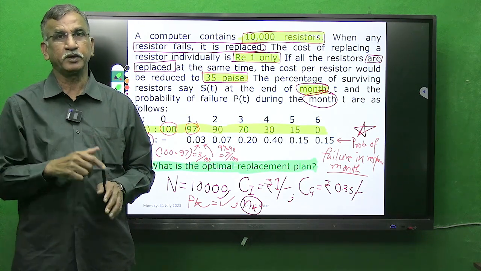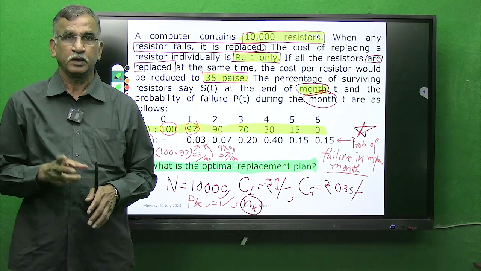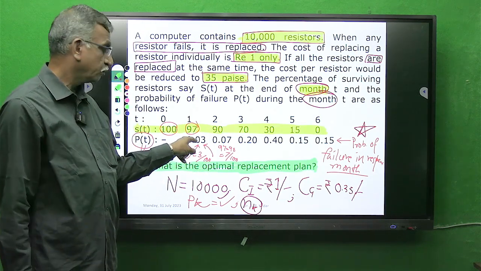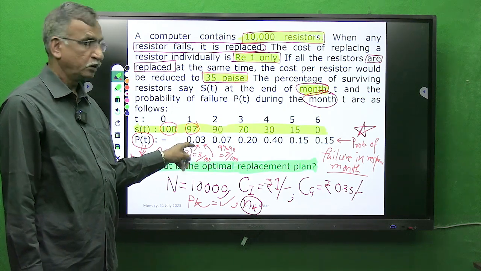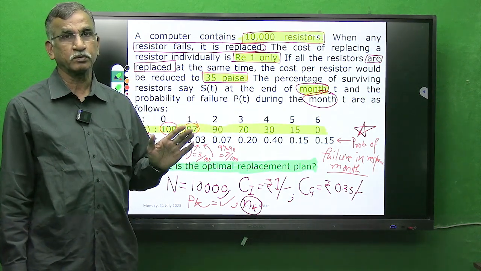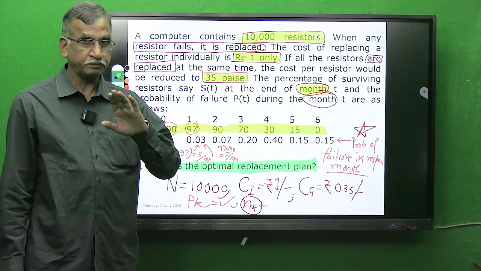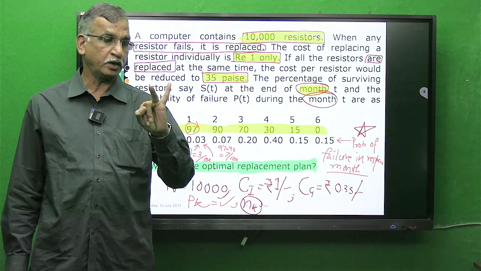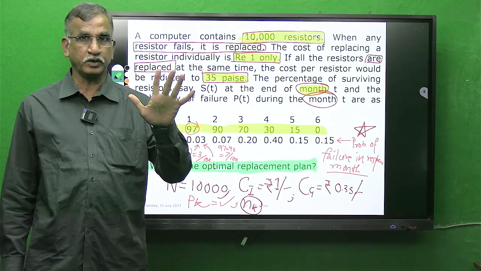Now N1 will be equal to N0 into P1. N0 is 10,000, and 10,000 into P1 of 0.03 will give the number of failures of registers at the end of the first month. Likewise we will calculate N1, N2, N3, N4, N5, N6.